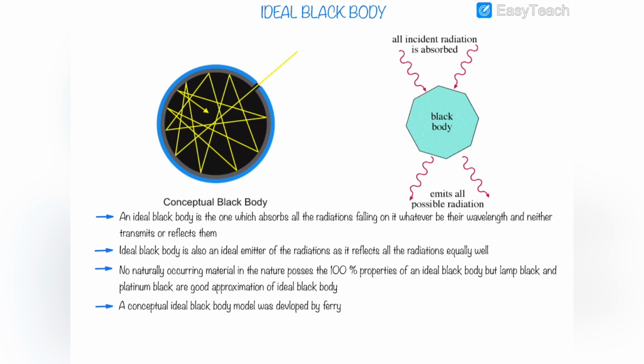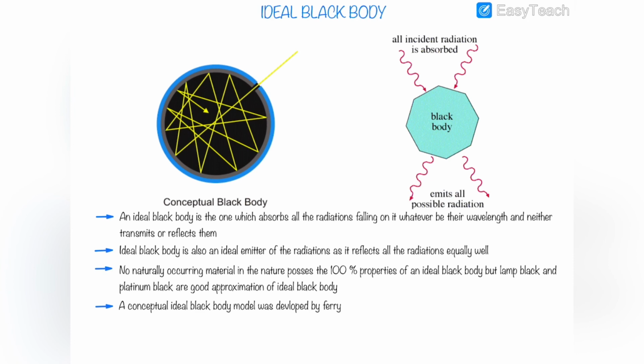Now, it is a very strange fact that each ideal black body is also an ideal emitter of radiation, which means that we can say that the sun is an ideal black body because the sun is also an ideal emitter or radiator of electromagnetic radiations.